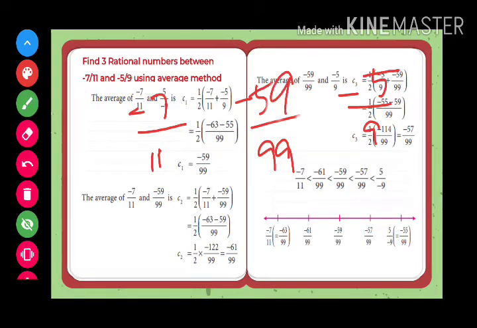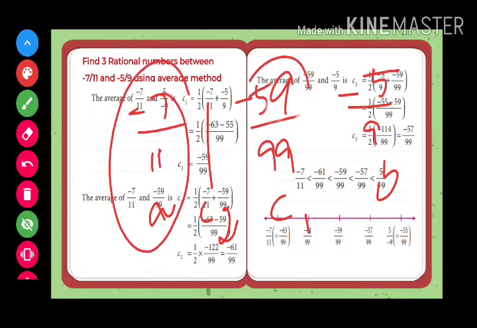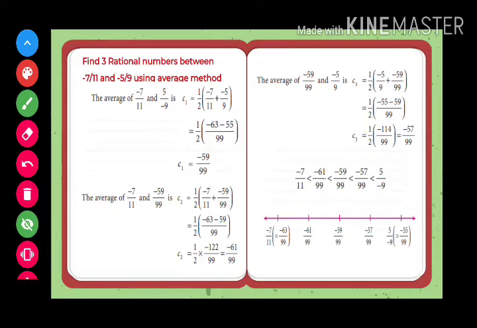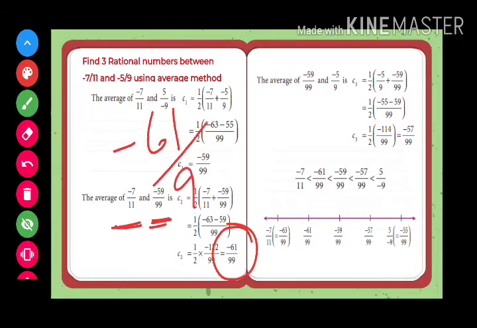Okay, so this is A, this is B and this is C1. To find C2 in the middle, we have to take A and C1. Your A is minus 7 by 11 and your C1 is minus 59 by 99. So you have to find the average of minus 7 by 11 and minus 59 by 99. You end up getting minus 61 by 99.